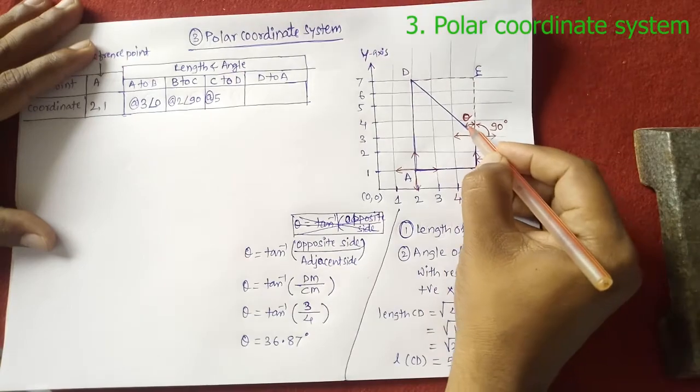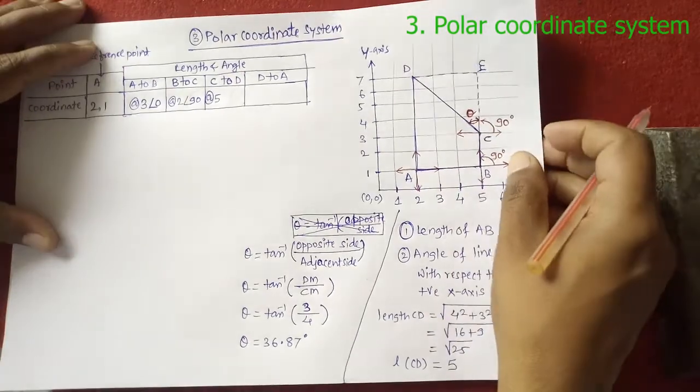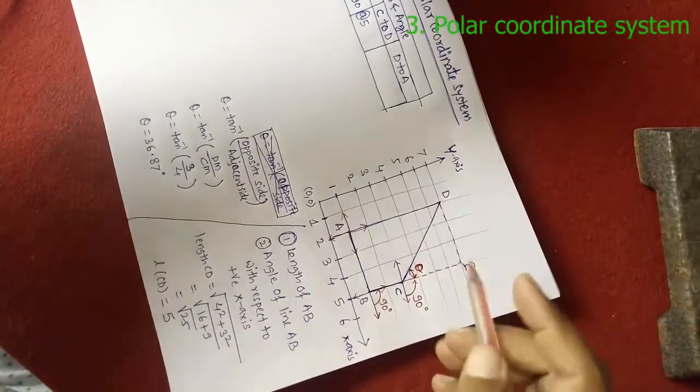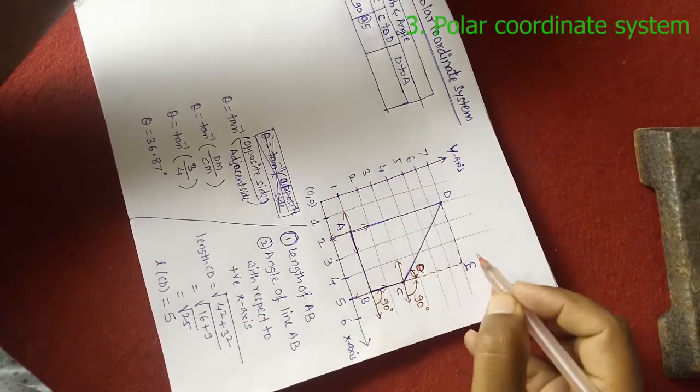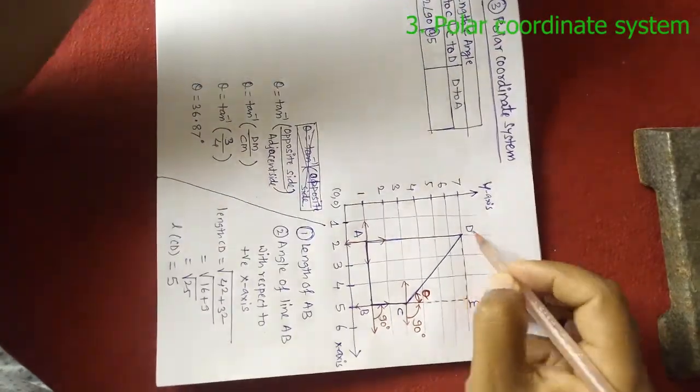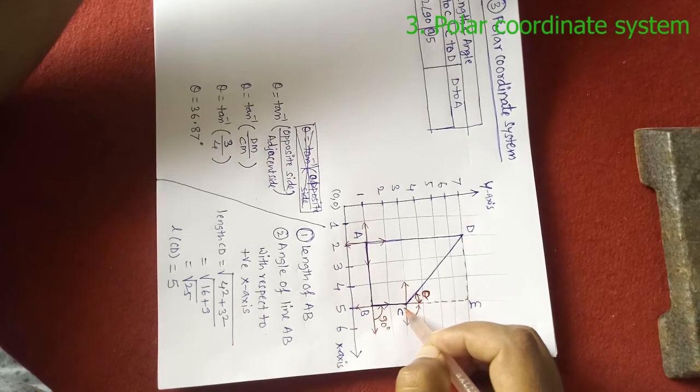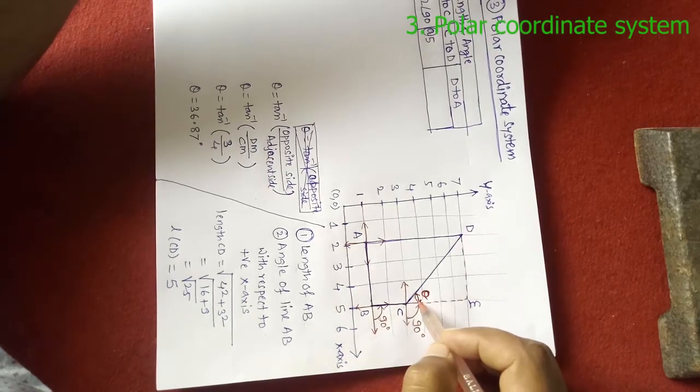To calculate this angle theta, let us consider this triangle CMD, and by using a trigonometric relation we can calculate the angle theta.